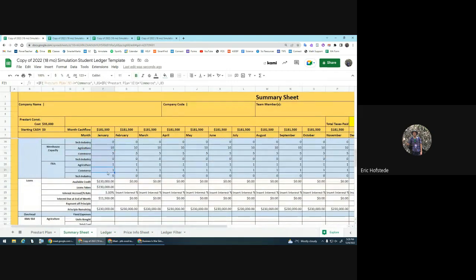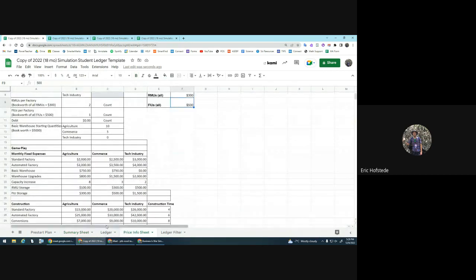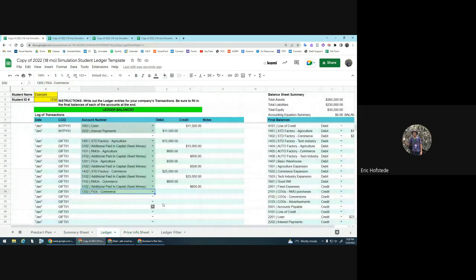One of them, its book worth is going to be 500 for all FIUs. So we record it at 500, and that's going to be our seed money again, this gift, this equity. All right, and we're all balanced.